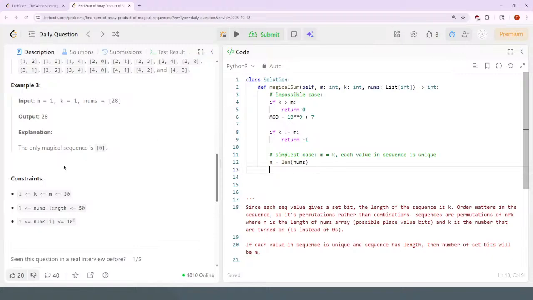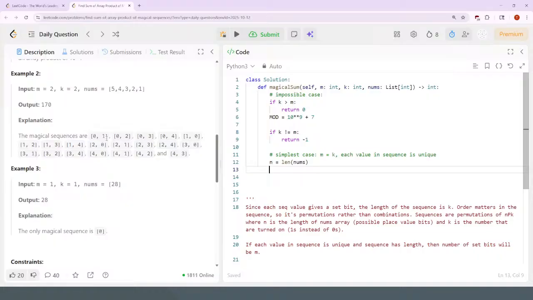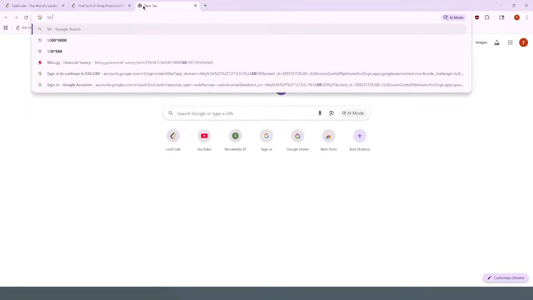If I can generate those permutations, and then once I have it, actually, can I?